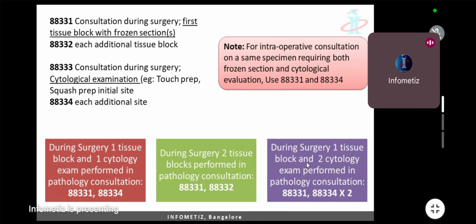During surgery, two tissue blocks performed in a pathological consultation: only two tissue blocks, 88331 and 88332. During surgery, one tissue block and two cytological exams performed: 88331 and 88334 into 2. Correct.